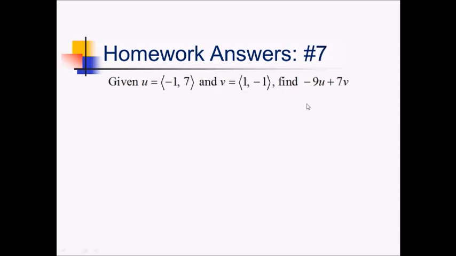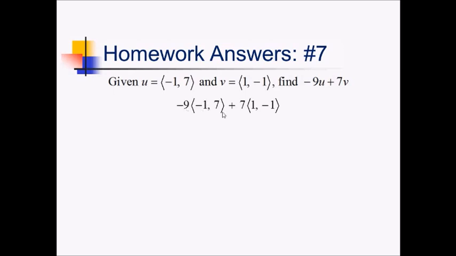On this problem, to do -9u plus 7v for these vectors, let's replace the letters with the component forms. So I've got -9 times -1, comma, 7, plus 7 times 1, comma, -1. Let's distribute, and then we'll add whatever's left over together.